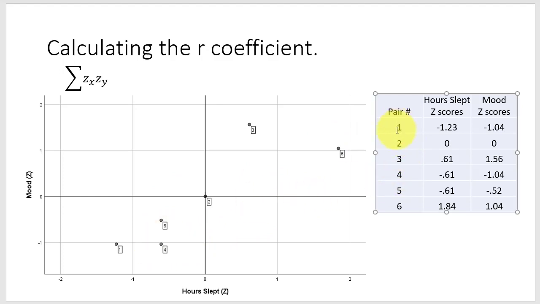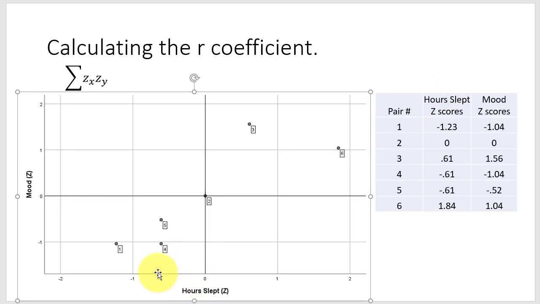So when we're looking at this, we can look for pair 1. Pair number 1, which I've labeled on the scatter plot, has a z-score on the hours slept axis of negative 1.23. So if I look on my hours slept axis, where a z-score equal to 0 is the mean, the first person's sleep hours is 1.23 standard deviations below the mean for hours slept.